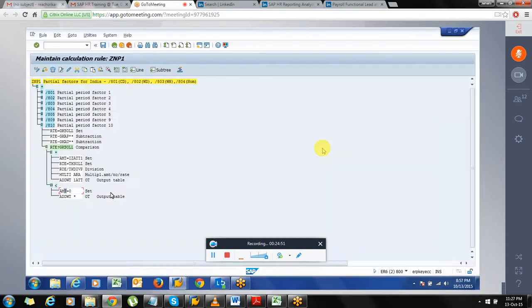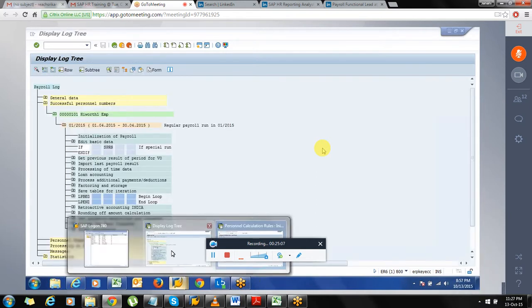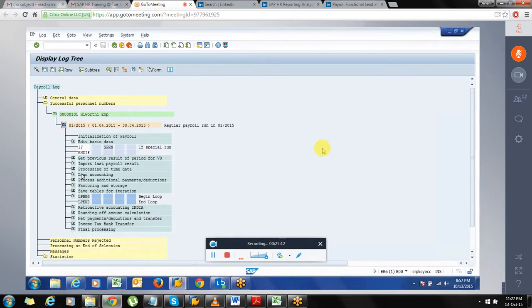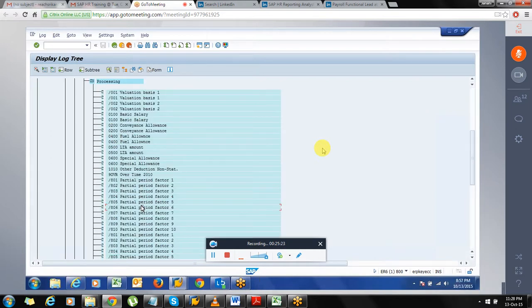Okay, now this is less than in how it is. So if you run the payroll now, $810, the same logic. It went to less than. I think we maintained some options for this guy. So if you go to the second one also, it will go to less than itself, right?